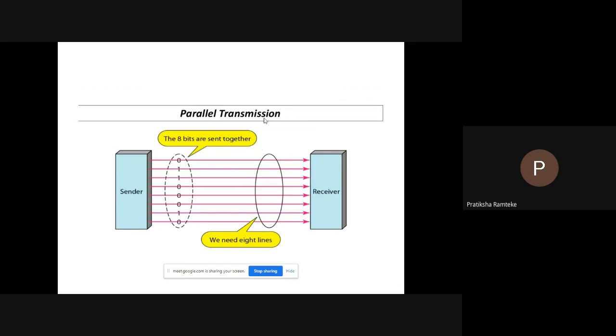We use a single communication channel for each bit, so the process is faster because we use a separate channel for each bit. For 8 bits we use 8 communication channels. So this process is faster.